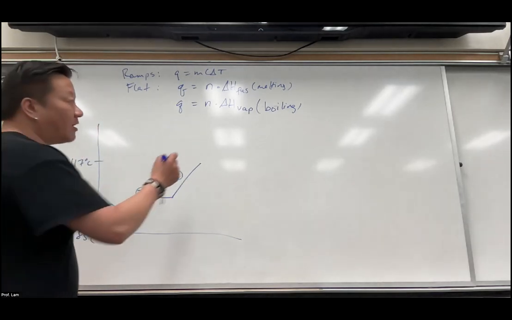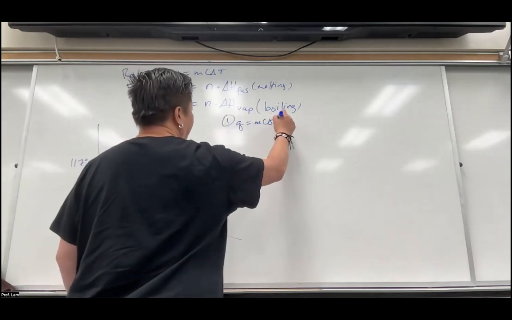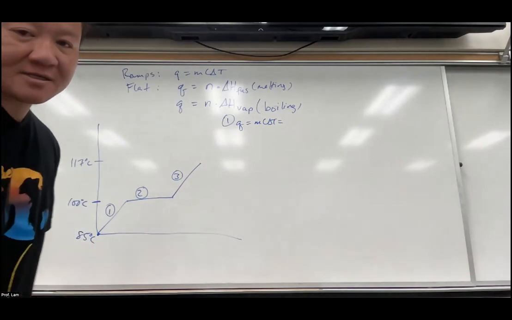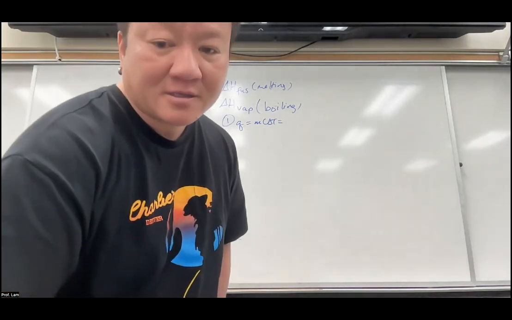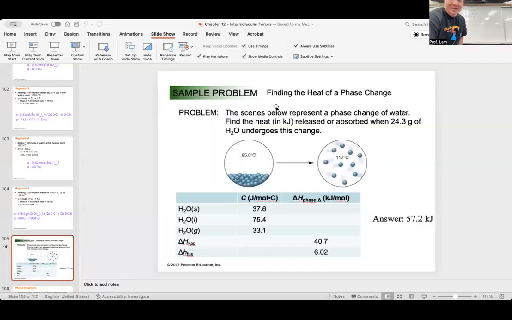And remember, segment 1 is a ramp. So you use Q is equal to MC delta T there. The problem says it wants to see what the total heat absorbed or released is when 24.3 grams of water undergoes this, right?